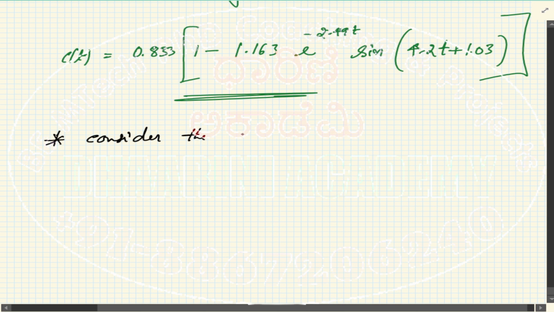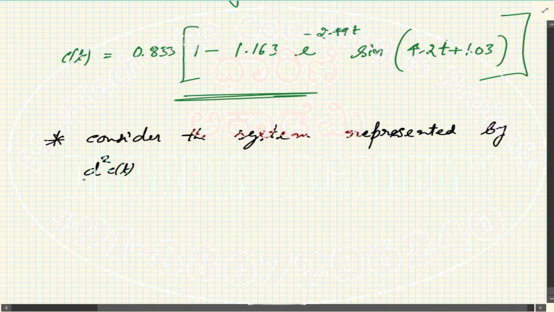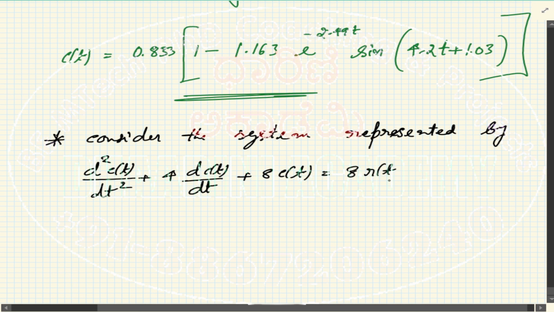Consider the system represented by d square c of t by dt square plus 4 times d c of t by dt plus 8 times c of t is equal to 8 times r of t.